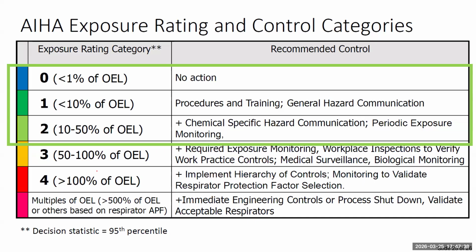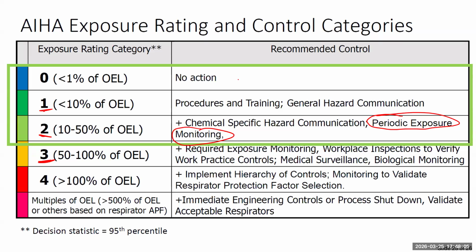It will mostly be based on these ratings, but like we said, if it's tolerable or unacceptable, we are definitely going to include periodic exposure monitoring. We want to make sure we collect some more data so we have a little bit more confidence about where we're really at with our exposures.